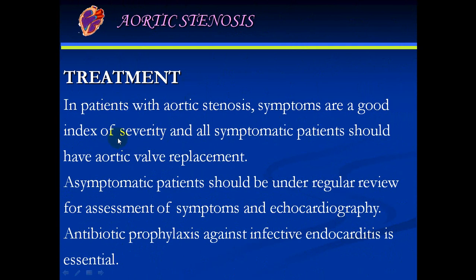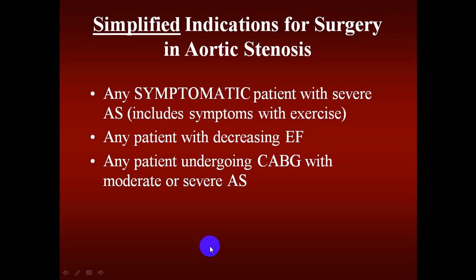With symptoms, there is a dip down to 2 to 3 years median survival, and most of them will die. All symptomatic patients should have aortic valve replacement. Asymptomatic patients should be under regular review for assessment of symptoms and echocardiography, with antibiotic prophylaxis against infective endocarditis if indicated.